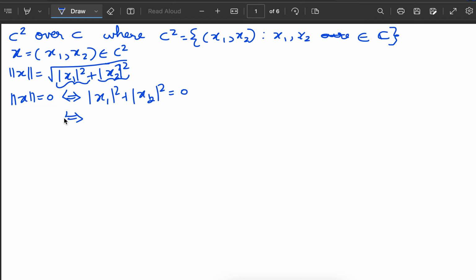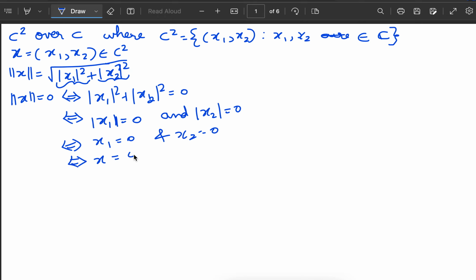If and only if, these are positive numbers, so the sum of these positive numbers is equal to 0 means mod x1 is equal to 0 and mod x2 is equal to 0. x1 and x2 are complex numbers, so mod equal to 0 means that x1 and x2 are equal to 0. So x1 is equal to 0 and x2 is equal to 0, which is if and only if x is equal to 0.